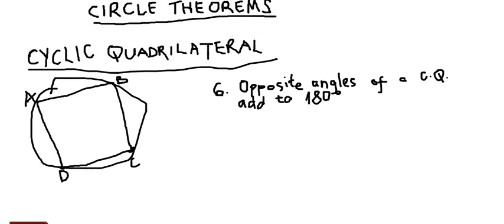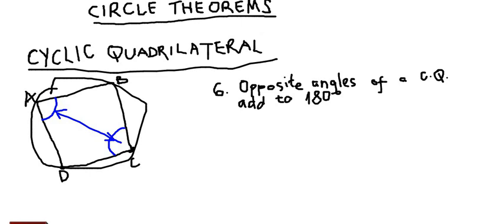What that means is that if this angle at A is given, you can find the angle at C, because these opposite angles add up to 180 degrees.